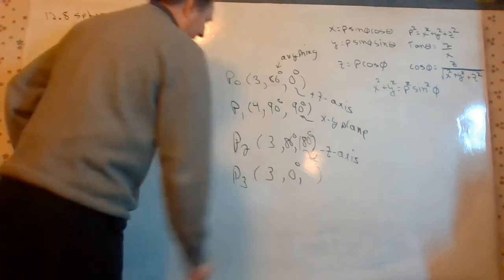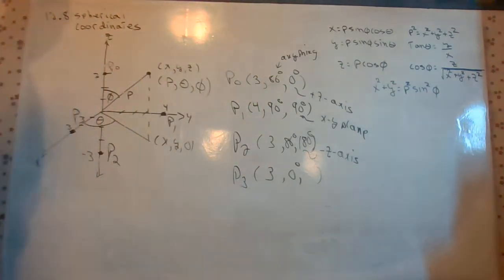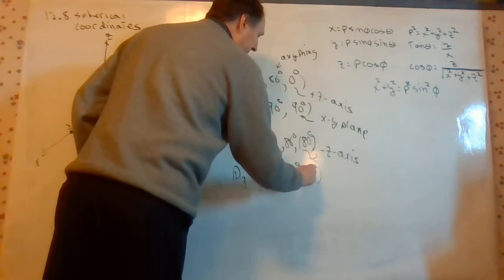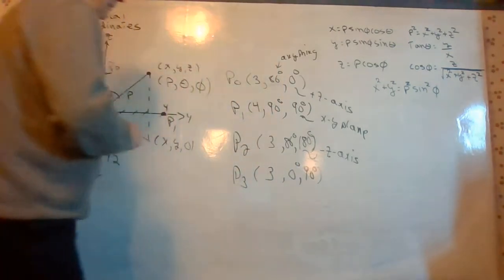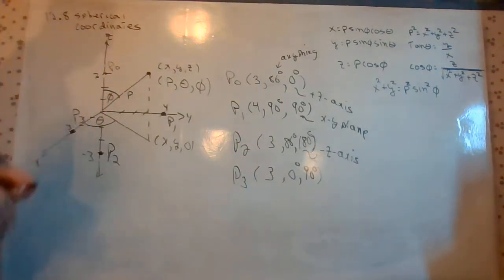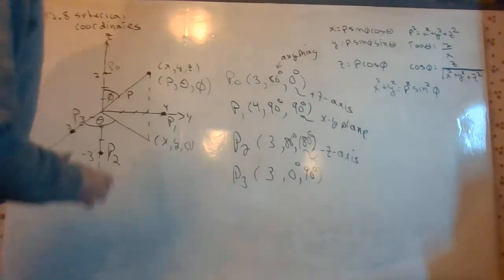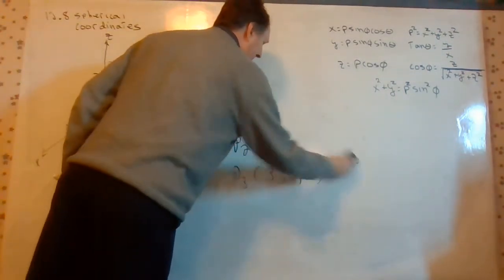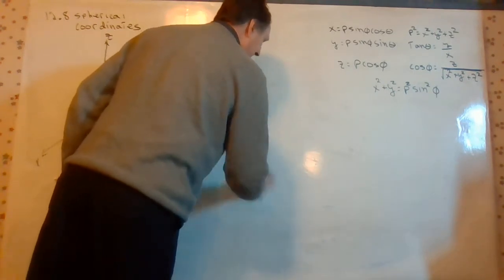That's 0 degrees. And phi, from here to here, is a right angle. Start here and come down, 90 degrees. Okay. Those ones are easy.